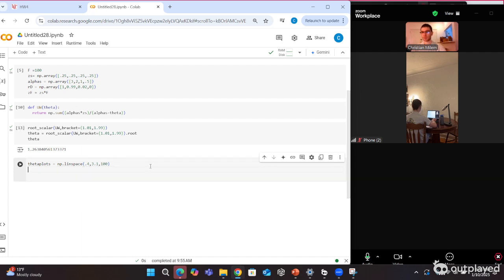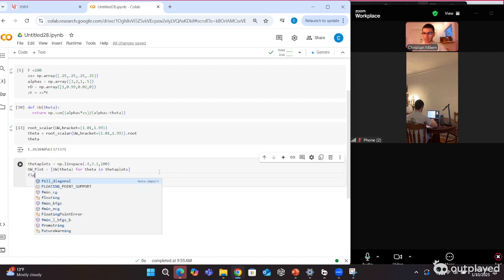I guess we can do 100 spaces in between. And then our UW plot is going to be equal to Underwood of theta in theta plots.